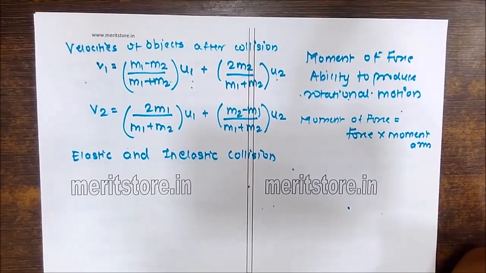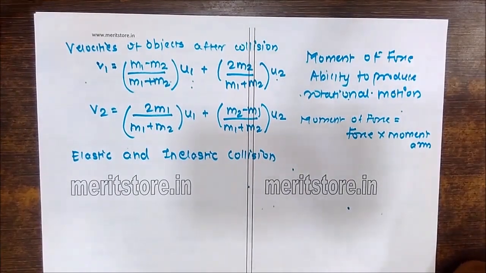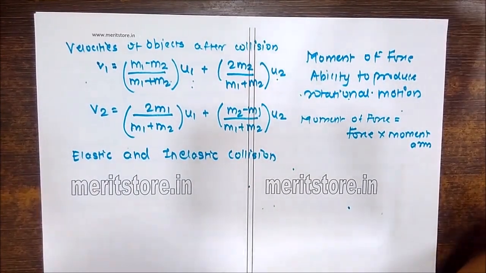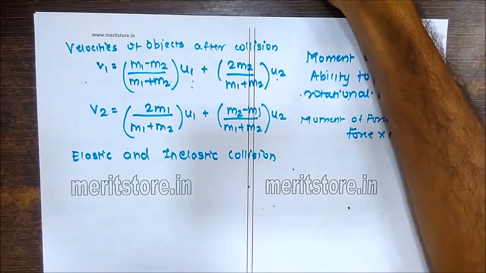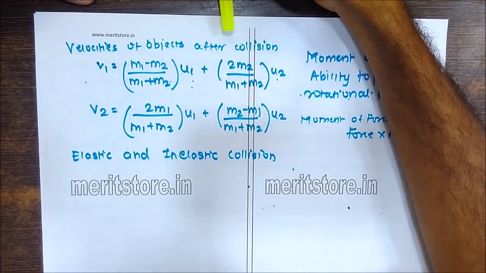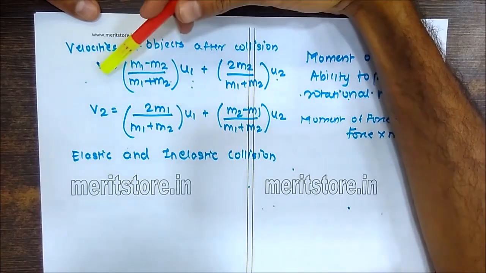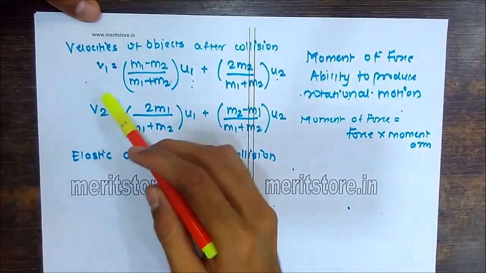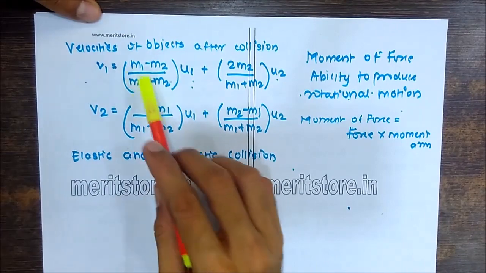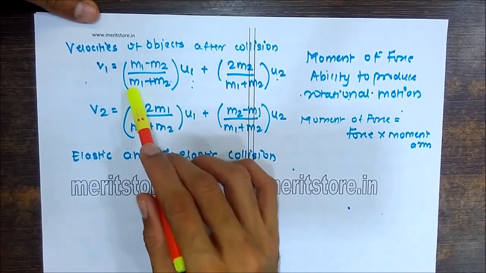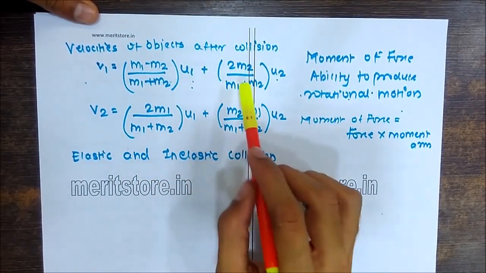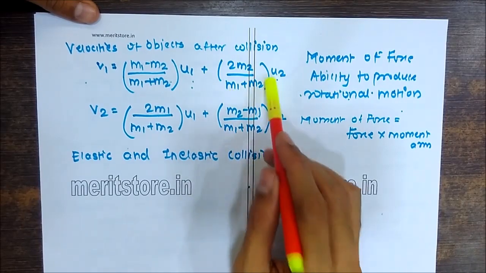Similarly, after working on the initial velocity and the conservation of linear momentum, we are able to find the formula for finding the velocities of the objects after collision. So we have two objects m1 and m2 and we need to find their final velocities after the collision. So for that, from the first equation, v1 equals m1 minus m2 upon m1 plus m2 into u1 plus 2m2 upon m1 plus m2 into u2.